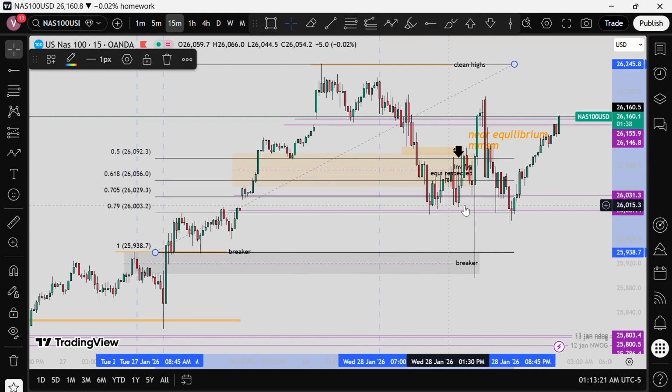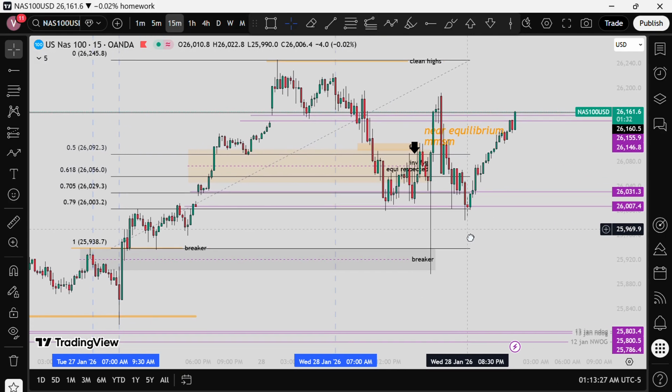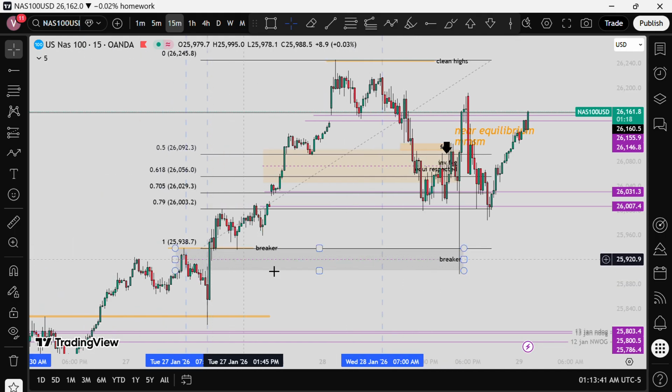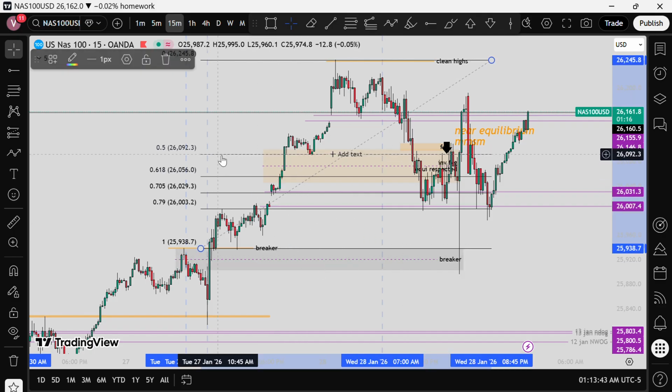You see how the price has correctly taken the support off of the OTE levels, and then it went ahead, then it went up ahead. We'll talk about this wick and how I also anticipated that price would come near the breaker, and we are going to talk about it.